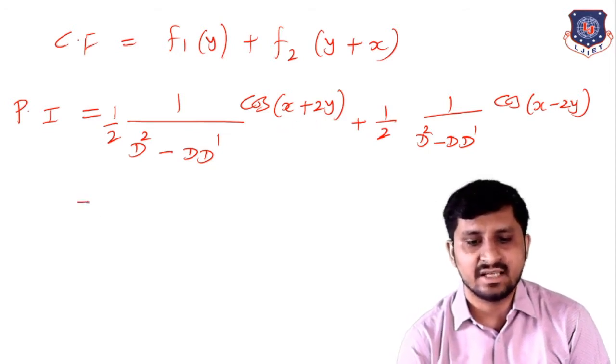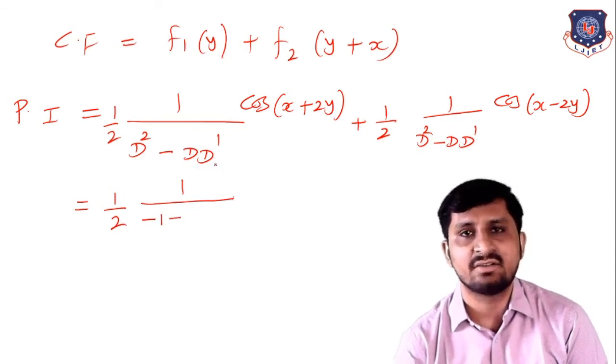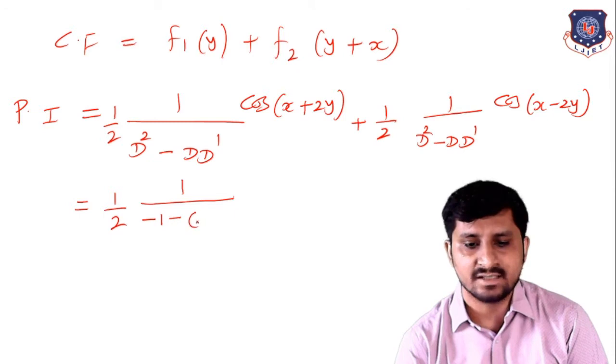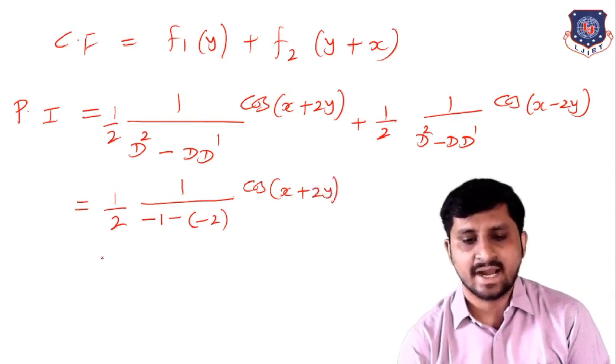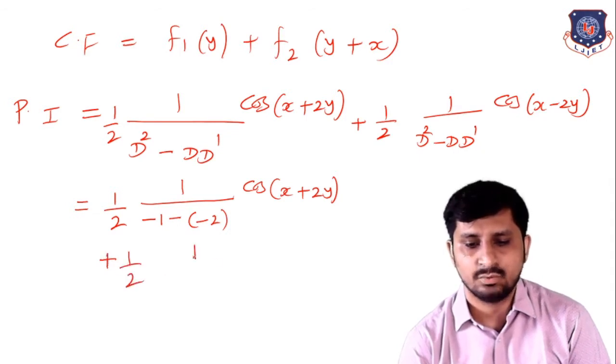So I can write 1 by 2 times 1 upon (minus 1 minus (minus 1 into 2)), which is minus 1 plus 2, that is 1, times cos(x + 2y).